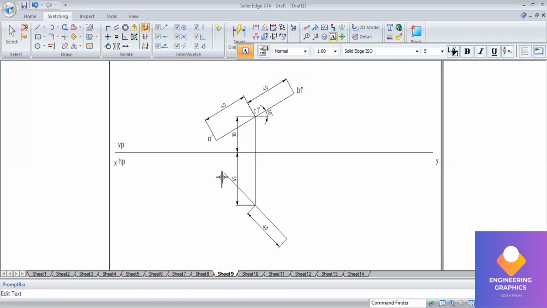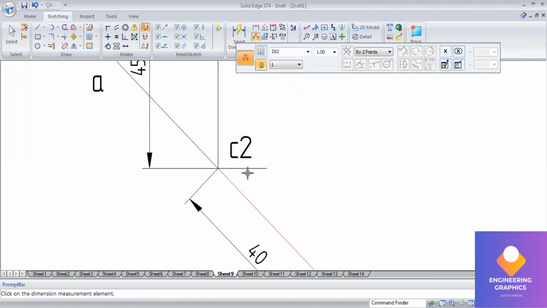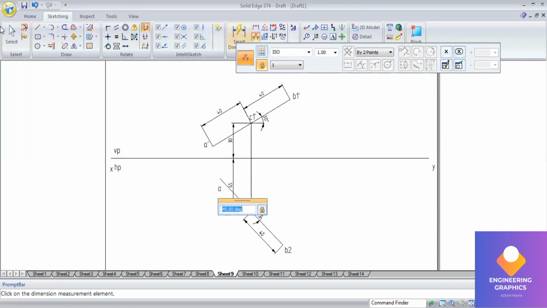So this is the end point A, the other end point we have B2, and this is C2. You can see that with the straight line we have the midpoint. Now, with respect to all these reference endpoints, first we'll mention the angle, then we should mention the locus lines here.